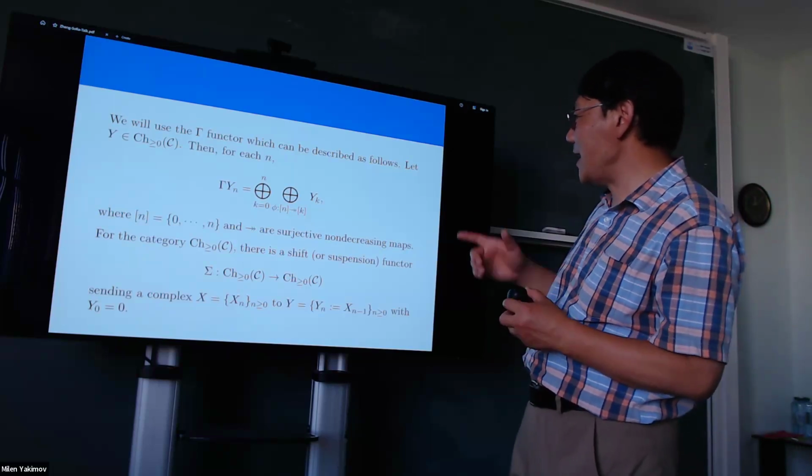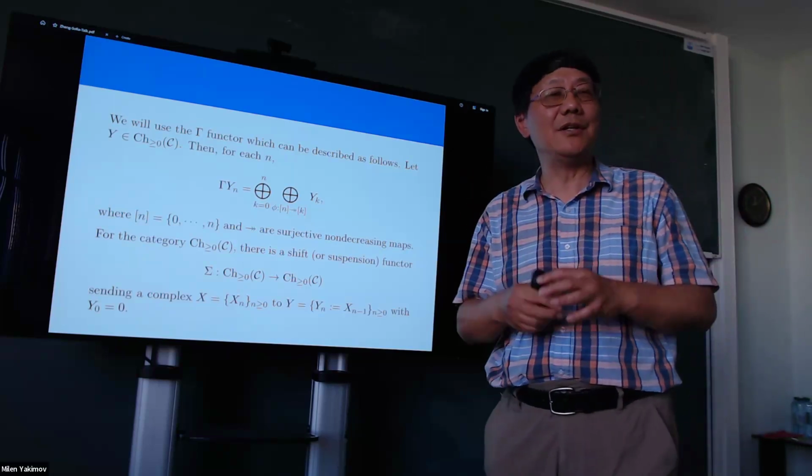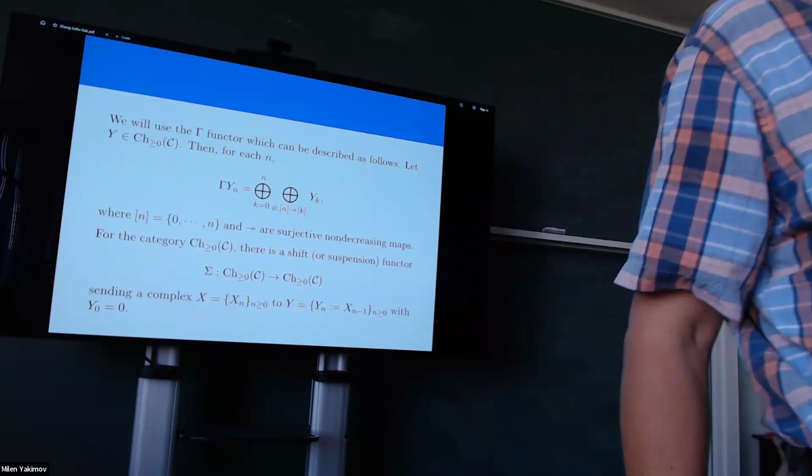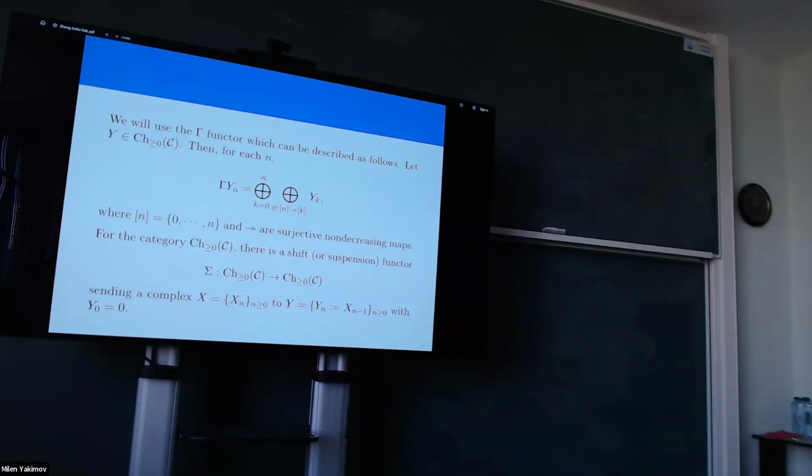So k is from 0 to n. We need to take the sum over all possible. Yes, you need to add all these k, but for all the phi's, the term for a fixed k is the same. Yeah, if you fix k, that's the same. Right.